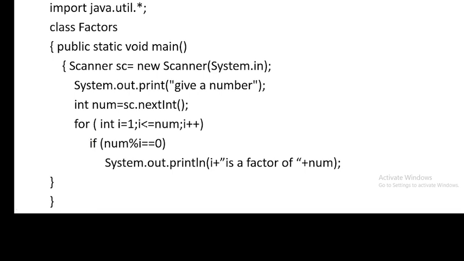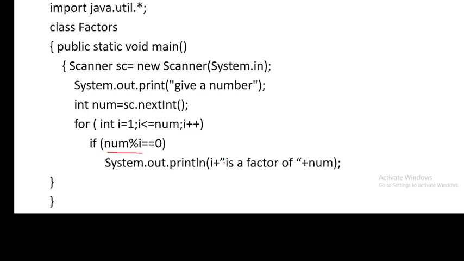Now see this condition over here. If num % i is equal to 0, that means if we divide the number by this i, the first time this i is 1 and we get the remainder as 0, so it means that i is a factor of number. So we'll print that this i is a factor of number. Let's say our number entered is 10.